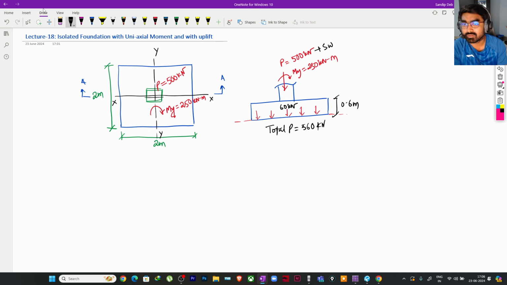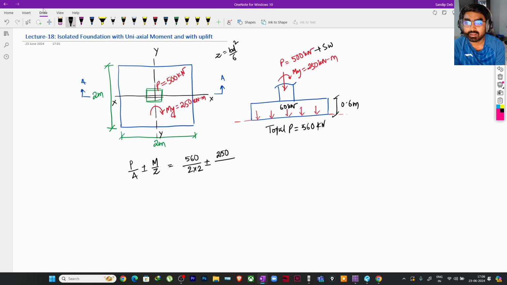And additionally we have the moment, correct? So now if we simply find out what is the pressure that we are getting, we have a simple formula of P by A plus minus M by Z, right? So if we just do it here, we will be getting 560 by 2 multiplied by 2 plus minus 250, which is my moment. Now Z value we know, Z equal to BD square by 6.